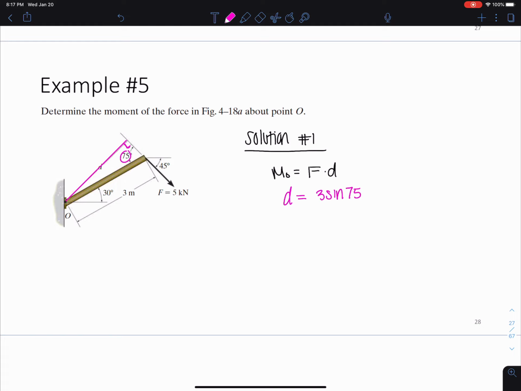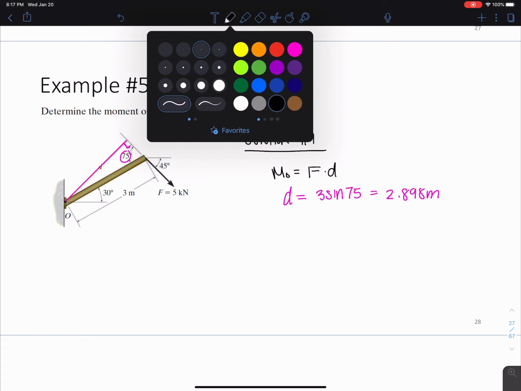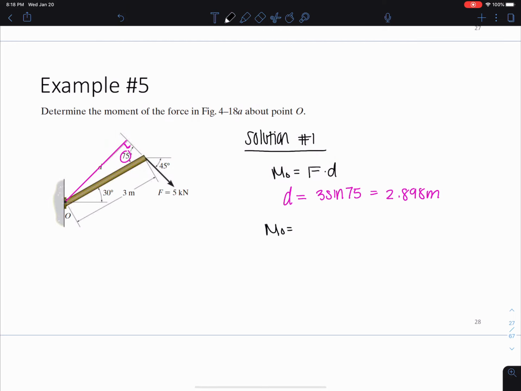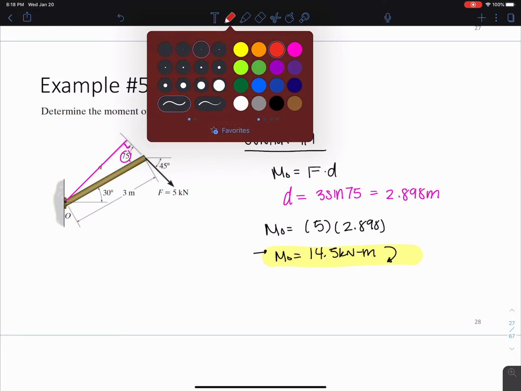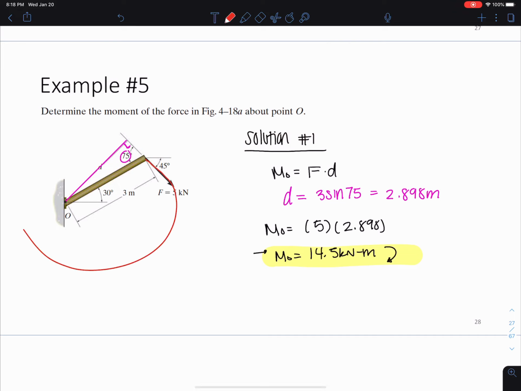So 3 sine 75, and I end up getting 2.898 meters. Okay, I can go ahead directly, say MO is equal to 5 times 2.898, and I end up getting MO is equal to 14.5 kilonewton meters, and this is acting in the counterclockwise direction. Why? Because if I were to pull this force, it's moving counterclockwise around point O.